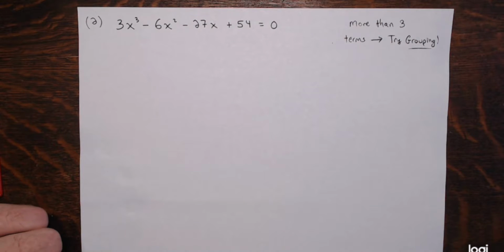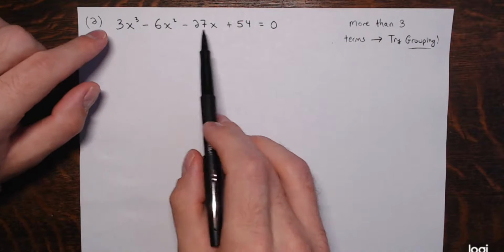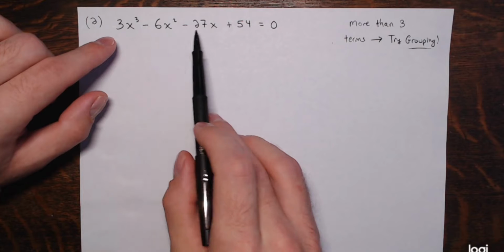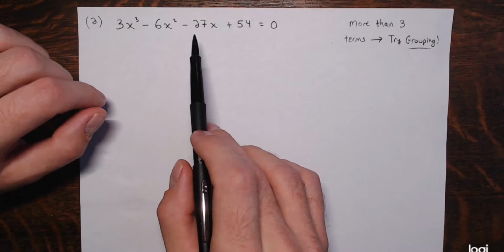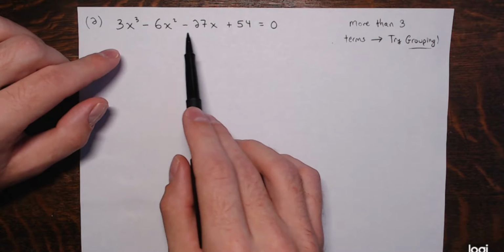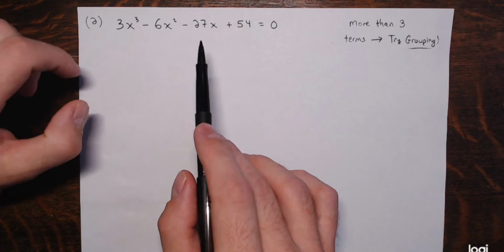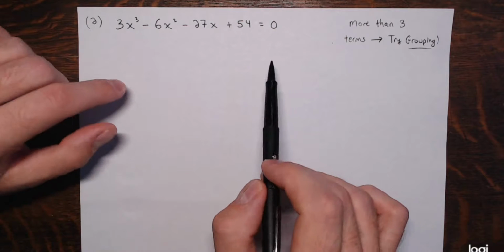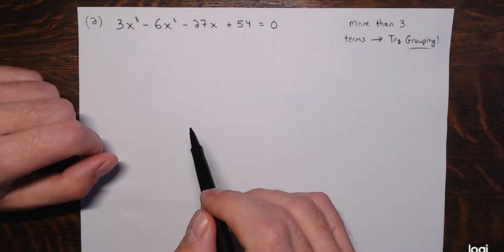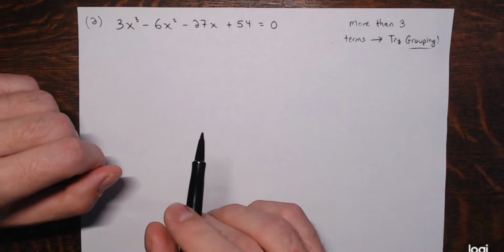Now, you have 4 terms, and you break up the polynomial into 2 groups. A 4-term polynomial, you could break up into 3 terms and 1 term, or 1 term and 3 terms. But let's start off just cutting it in half.